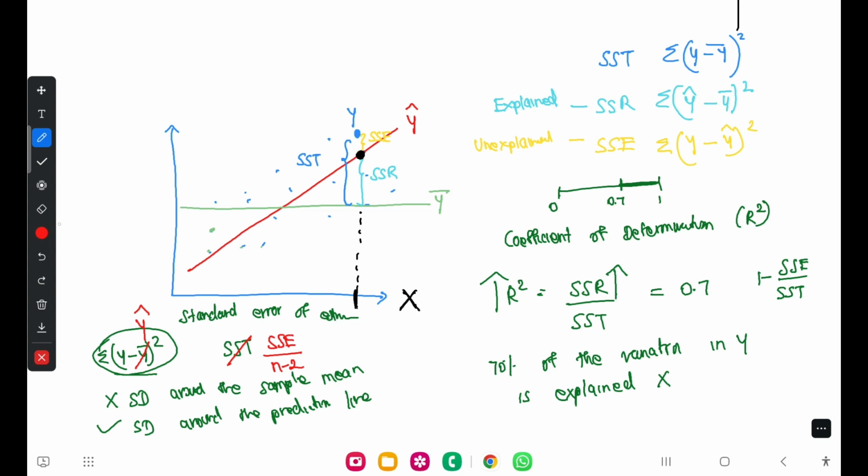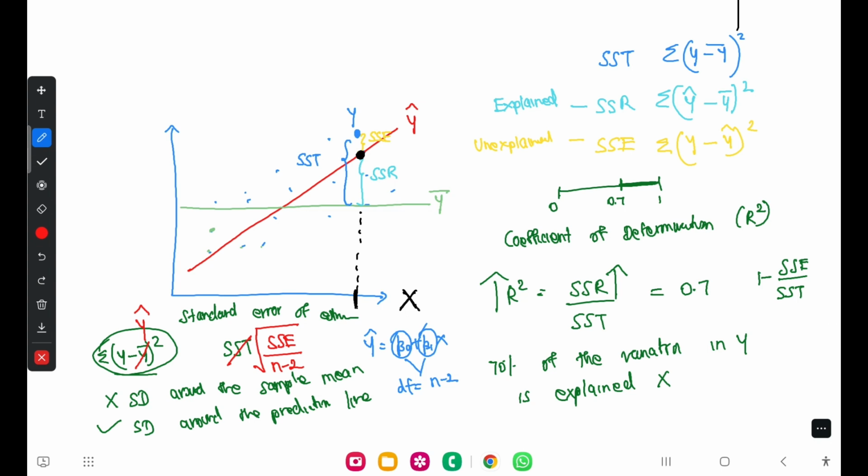Because our prediction line, you all know, is y cap equals beta naught plus beta 1 x. How many unknown constants are there? We don't know beta naught and beta 1. So there are two. Because of that, the degrees of freedom will reduce by 2. So this is how you find the standard error of estimate. Don't forget to put the square root: the square root of SSE over n minus 2.